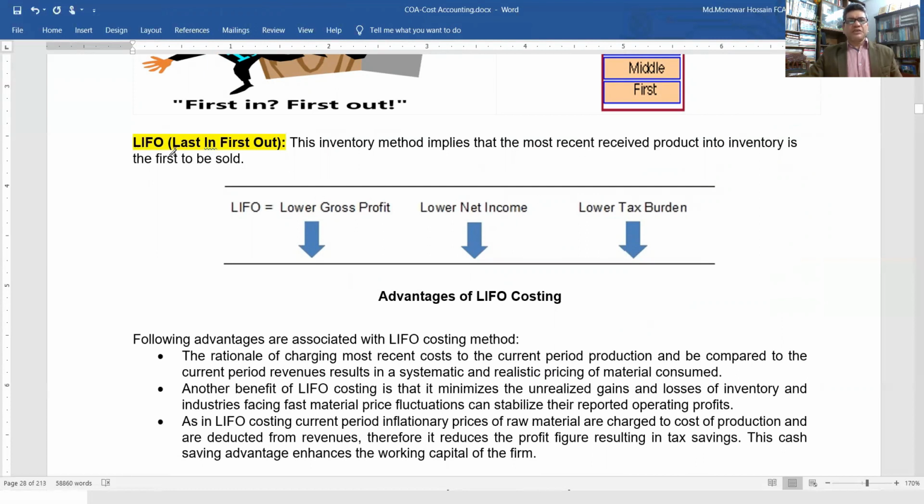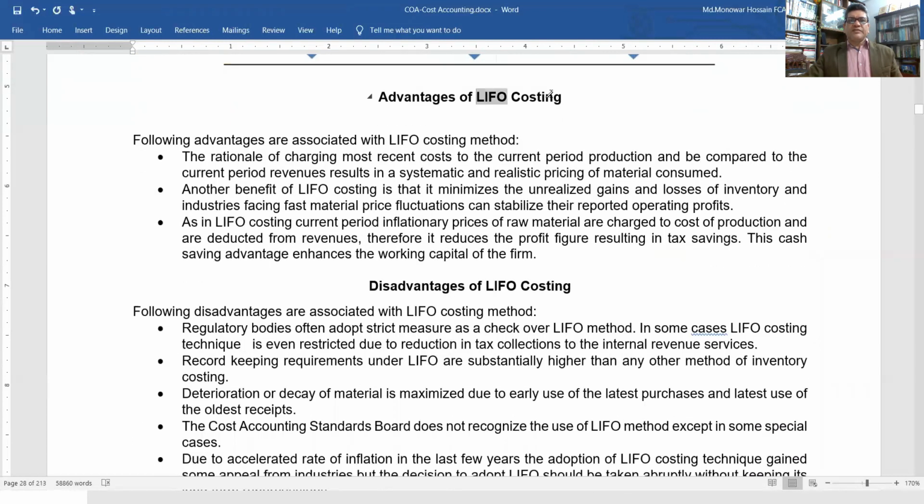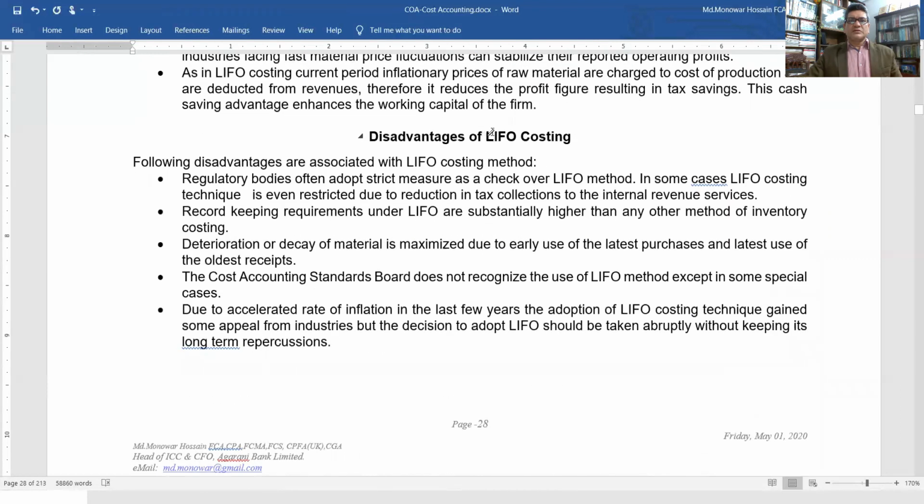If you use LIFO, then the gross profit is lower because the cost price of the material goes high, and that's why the production cost is high. Lower gross profit, then lower net income, then lower tax burden. So LIFO has some advantages and some disadvantages.